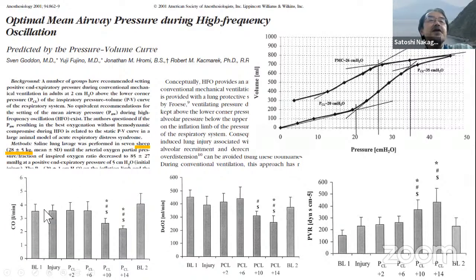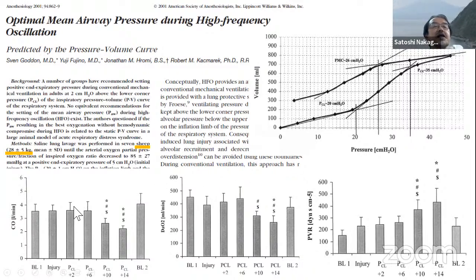They set the mean airway pressure at various levels: 2 centimeters higher than the lower corner point, 6 centimeters higher, which is actually the point of maximum curvature, and 10 centimeters higher than the lower inflection point.